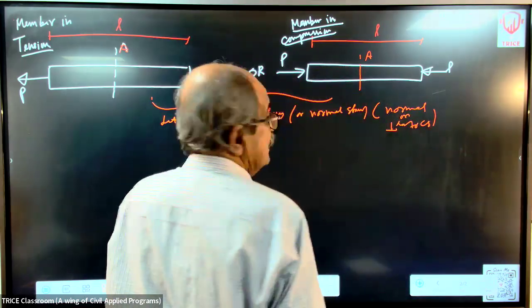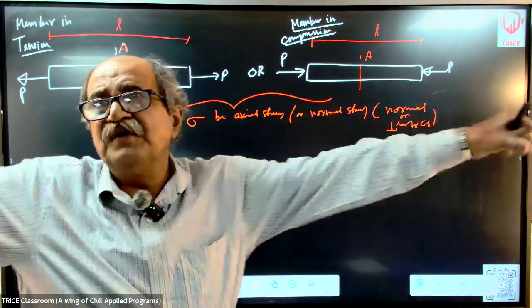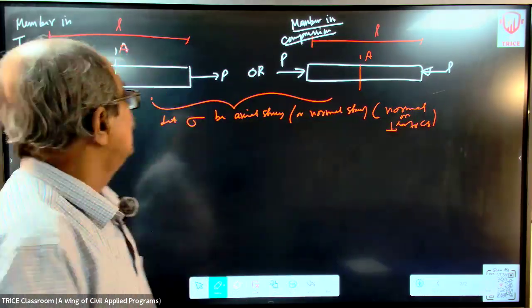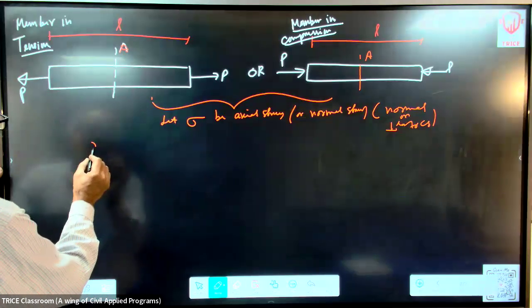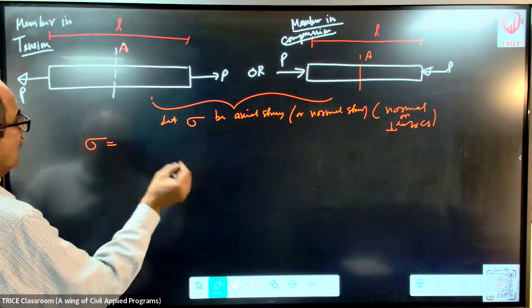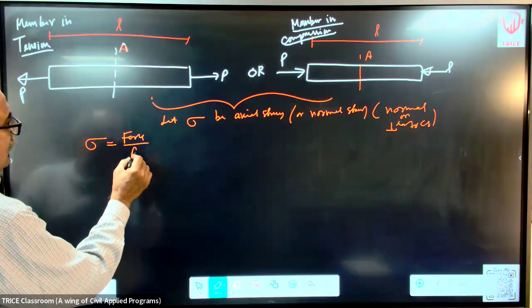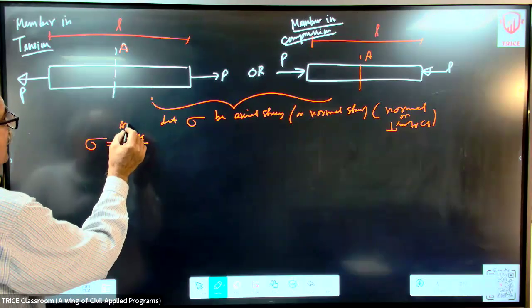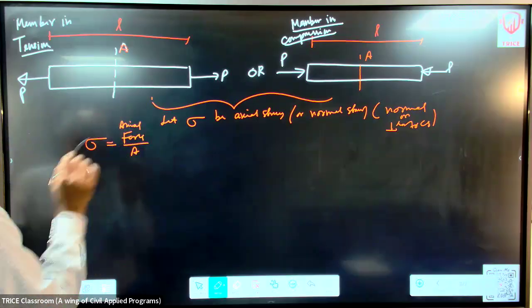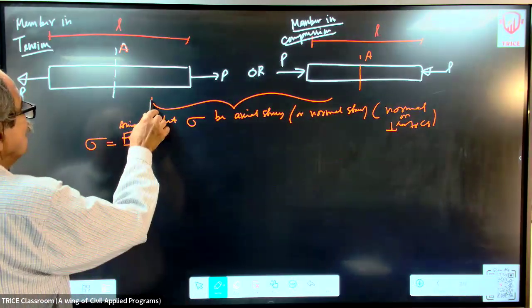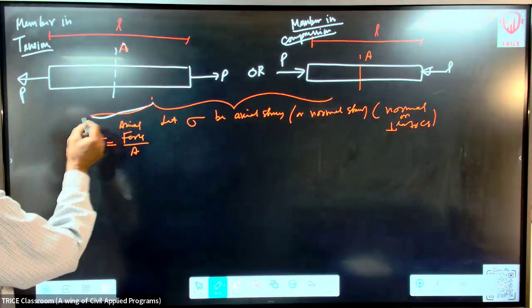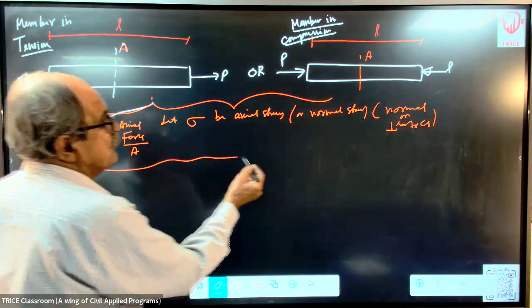See, sigma. This way we apply force, stress will come. Sigma is always equal to force divided by area. Axial force, not just force, axial force by area. This is common for both, whether tension or compression.